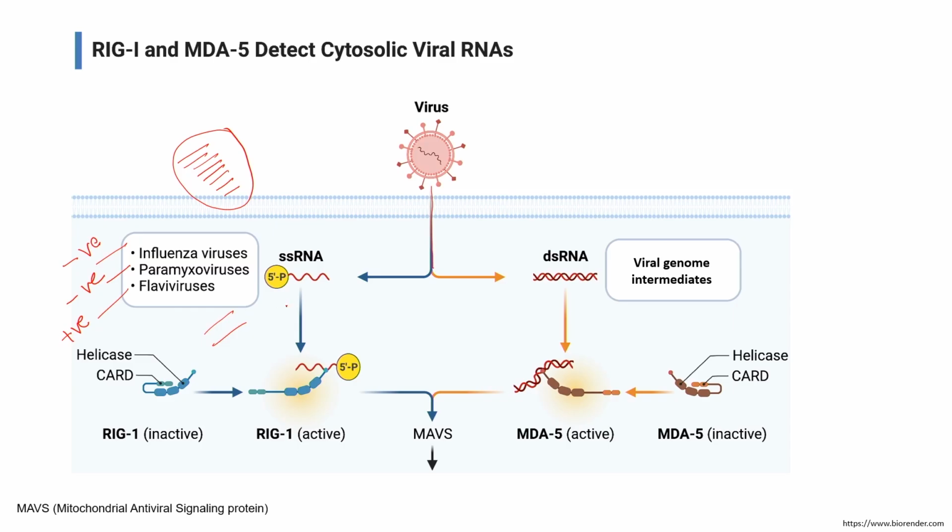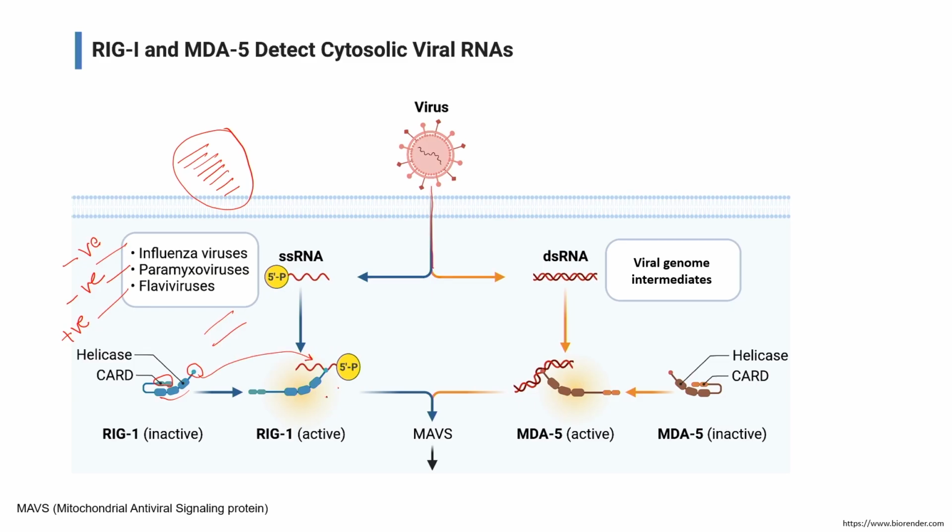Now anyway, these single stranded RNAs are coming into the cytoplasm, and they can be sensed by the helicase domain. So the CARD is at the far end, and this is the helicase domain, and this is the front domain, the C-terminal domain, which can identify this RNA.